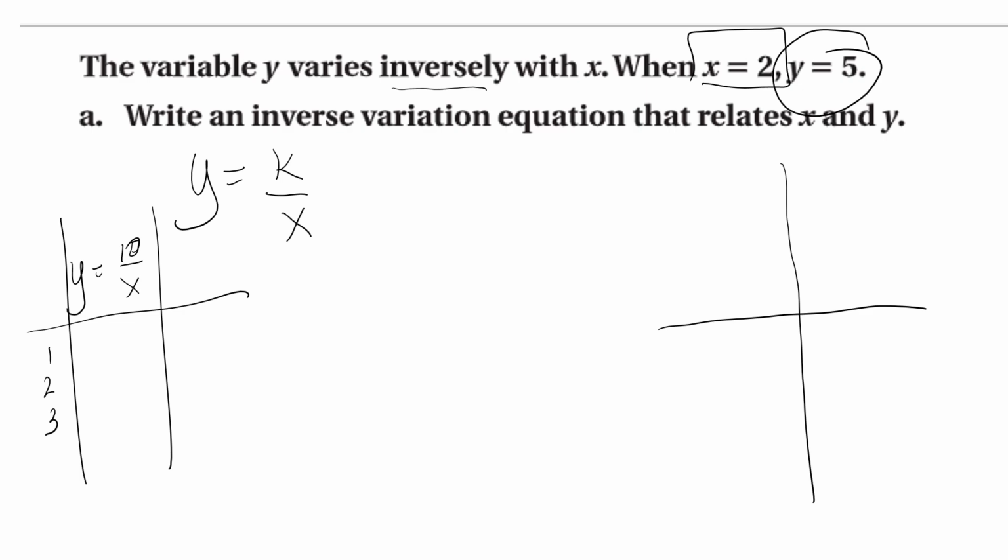Because I'm doing multiples of 10, maybe I'll do 5. And so we have 10 divided by 1 is 10. 10 divided by 2 is 5. 10 divided by 3 would be 3 1/3. 10 divided by 4 would be 2 1/2. 10 divided by 5 would be 2.